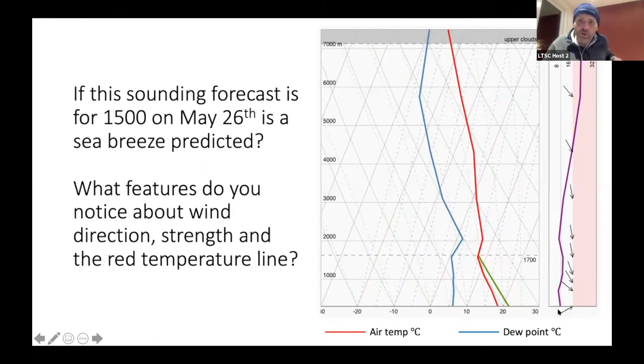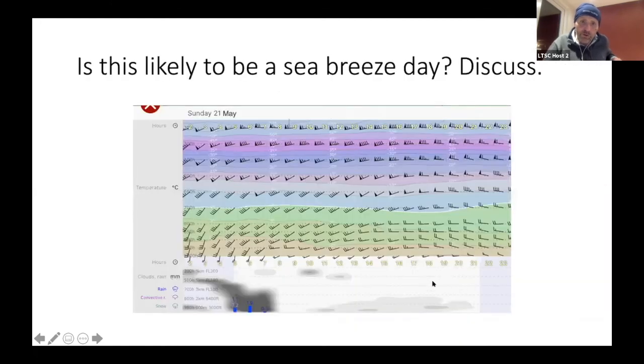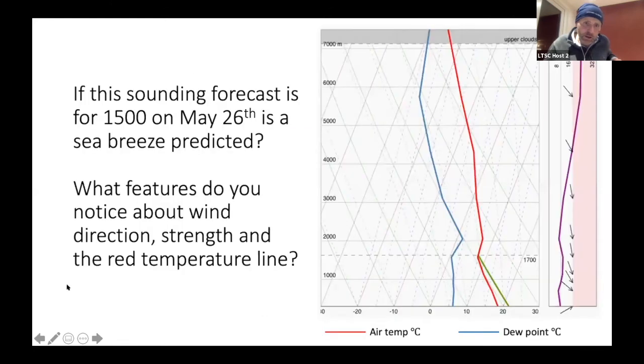It's blowing a southwesterly at sea level. And as we go up in the atmosphere, they're forecasting a northwesterly, so right in the zone that we need it, 1,000 to 1,500 meters, to get that circulation. So yes, it is a sea breeze day, and there is a sea breeze predicted.